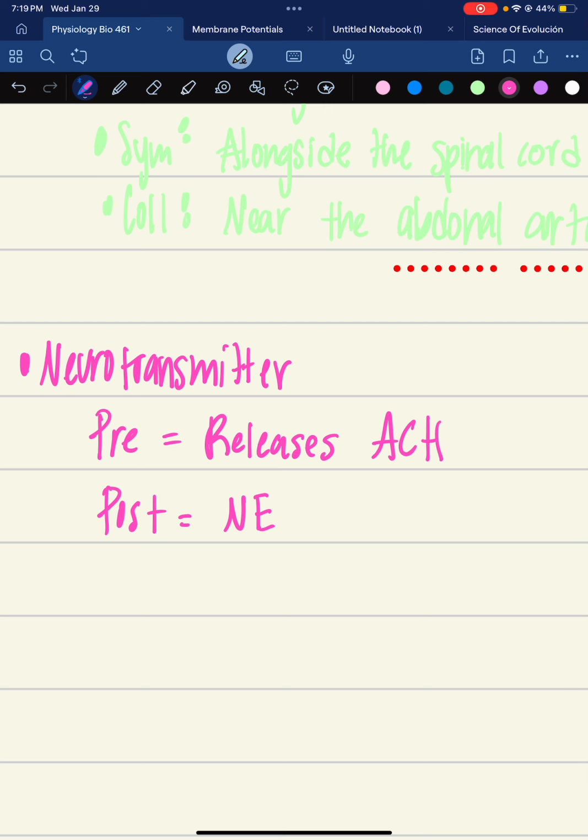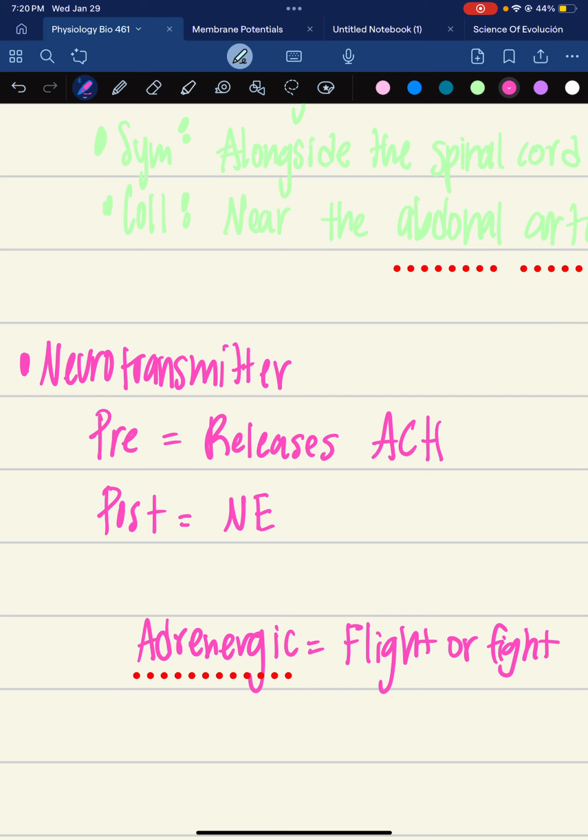And the types of receptors are adrenergic receptors, alpha and beta, which is basically the fight or flight.